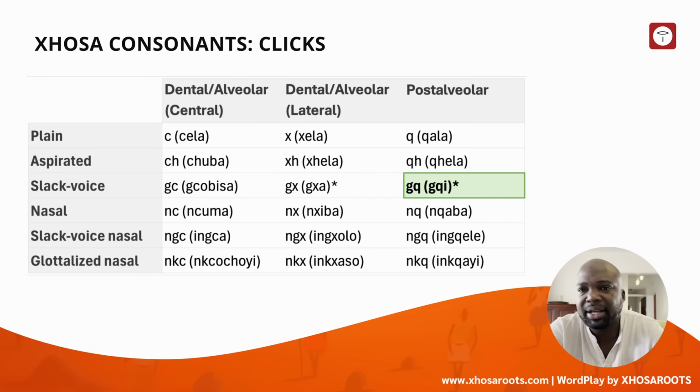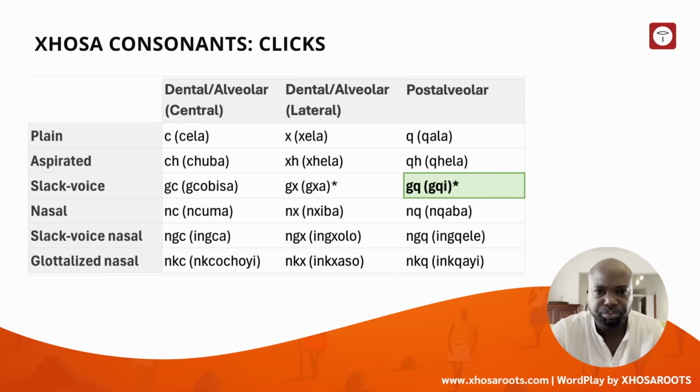Uguti ga was the lateral version. Uguti qi is the alveolar version. An example that is an alveolar example of an idiophone that contains the slack voice postalveolar click.